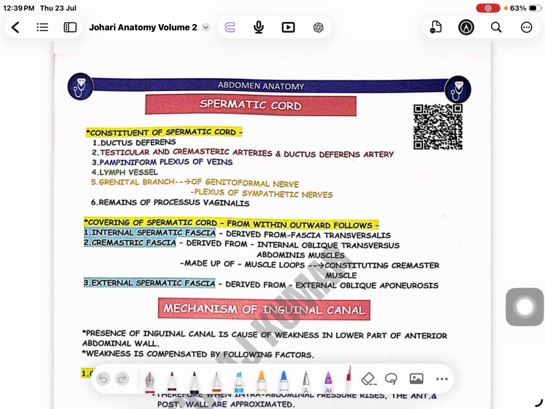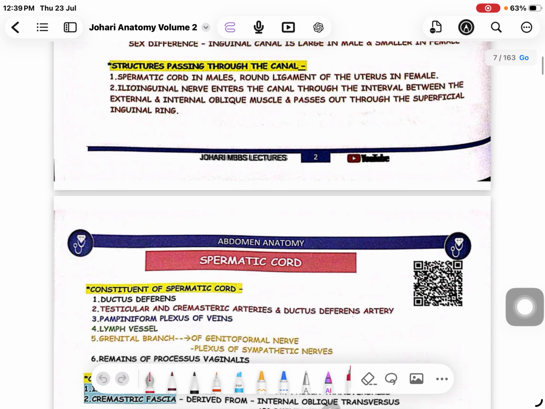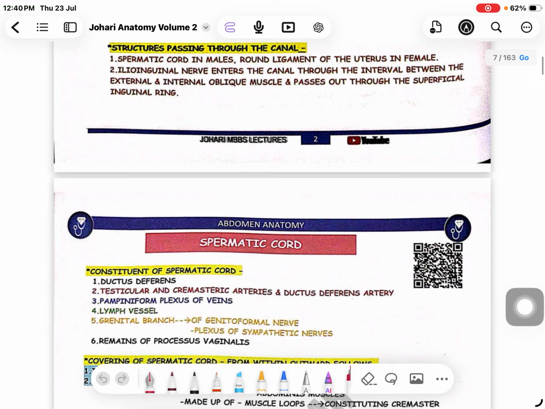The contents of the canal are the spermatic cord, or the round ligament of uterus in females, and the ilioinguinal nerve, which enters through the interval between the external and internal oblique muscle and then passes through the superficial inguinal ring.